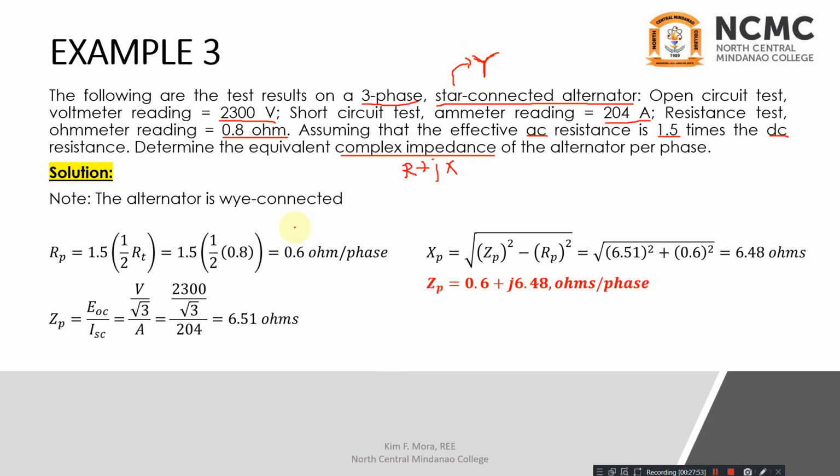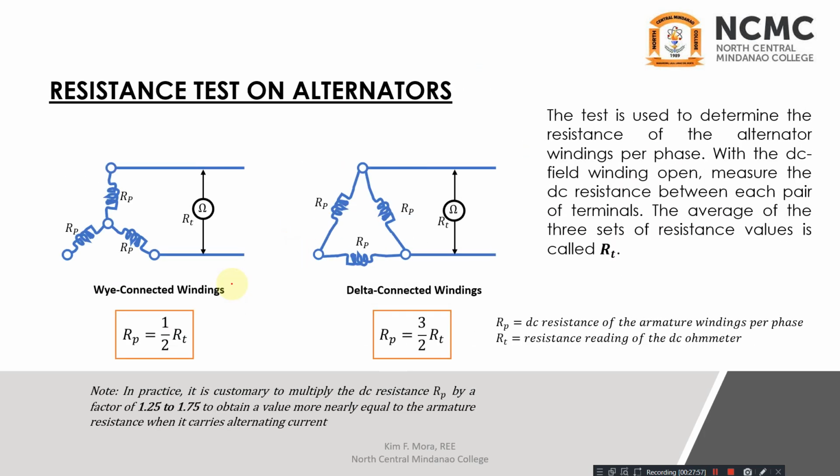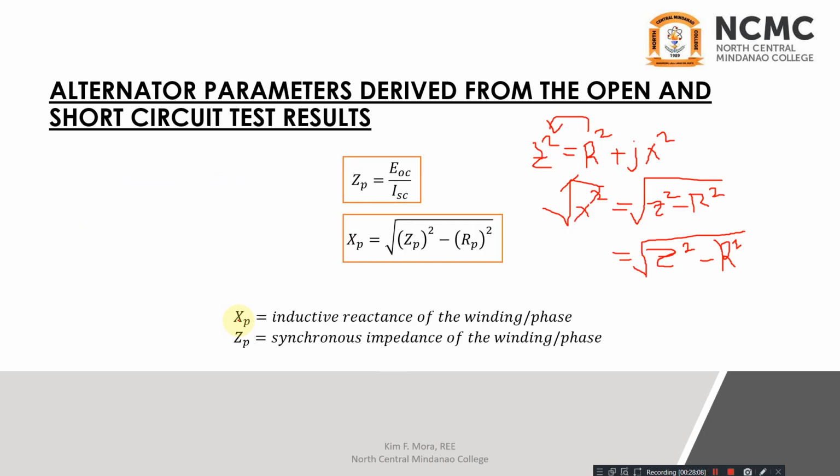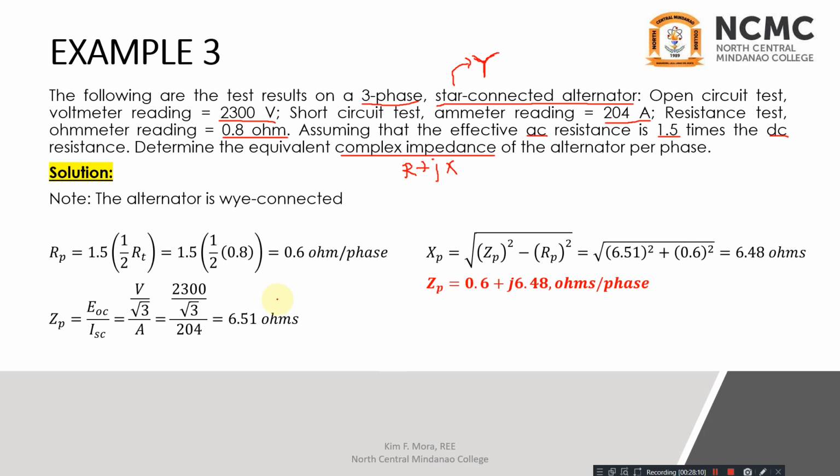So which of the two should we use? We have one half RT or three halves RT. Since it is Y connected, we use one half of RT. And since the AC resistance is 1.5 times the DC resistance, this is our DC resistance and this is our AC resistance.